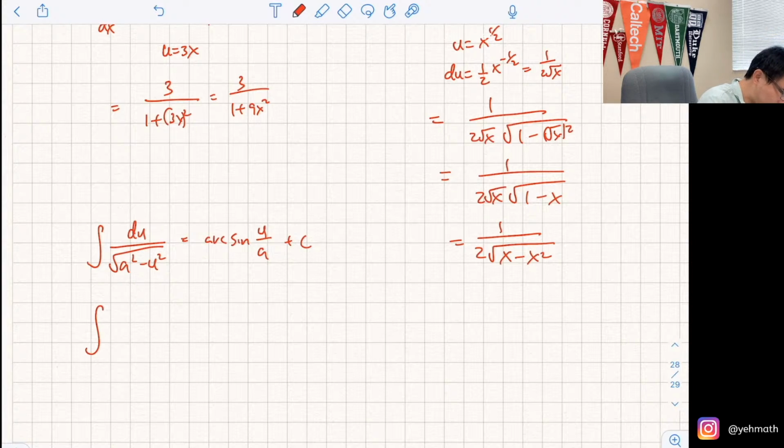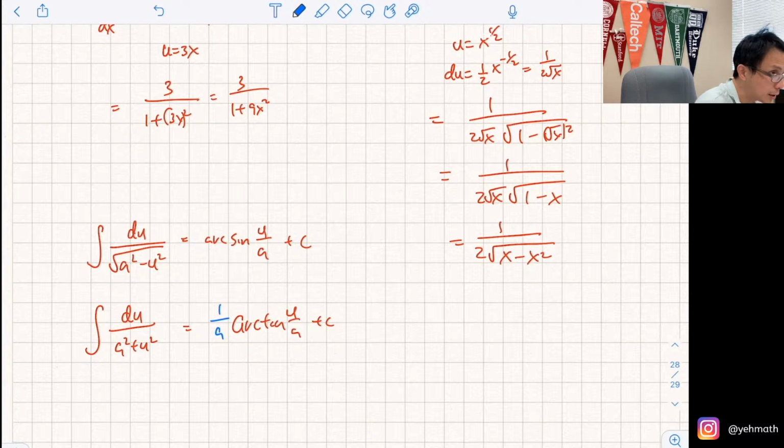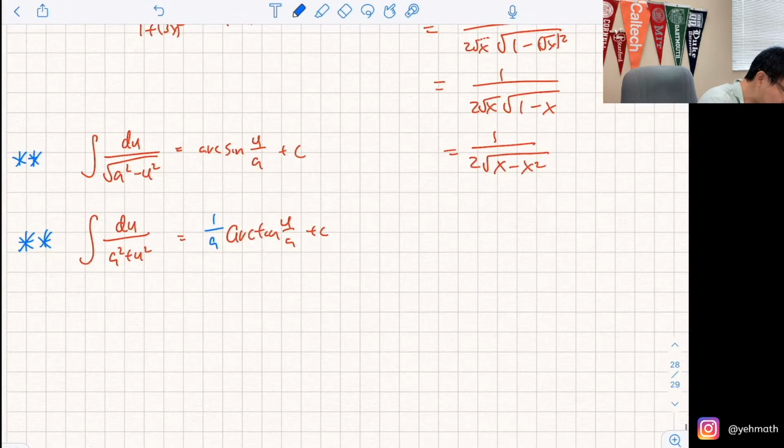The second one you need to know is du over a squared plus u squared. This should look familiar as well. It's going to be arc tan of u over a plus c. Now, unlike before, you're going to have 1 over a here. So again, the things that you might get asked are those 2, but not the last one.